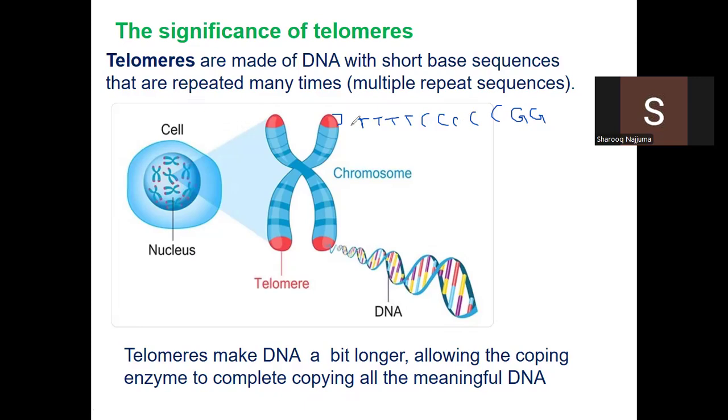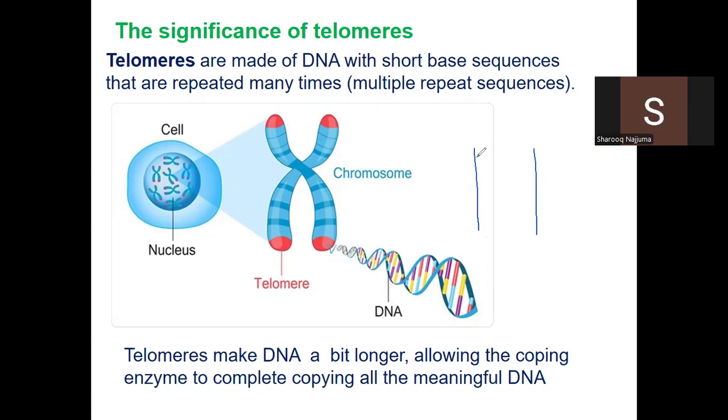Telomeres have one major role. Their role is to just make DNA a bit longer. What does that mean? Let me use this illustration to show you what I mean. Assuming this is our DNA molecule, this blue region is the DNA molecule. Usually, the enzyme that is responsible for replicating DNA does not copy the whole DNA molecule.